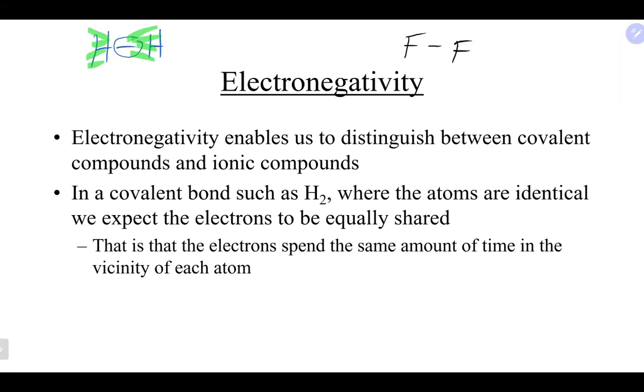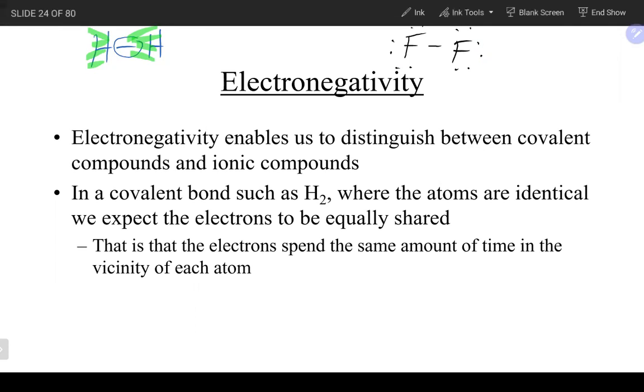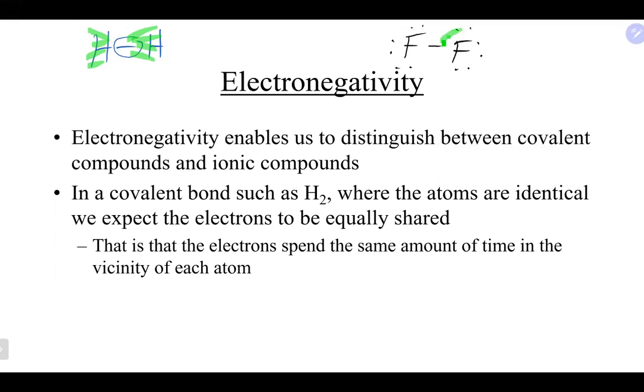And the same thing with our fluorine that we saw earlier, our F2. Each of those fluorines we would anticipate would share those electrons pretty equally, because it's kind of like two people pulling on a rope that's equally strong. Basically, the rope is not going to go anywhere, so they're going to pull those electrons equally. We're going to get equal distribution of those electrons.